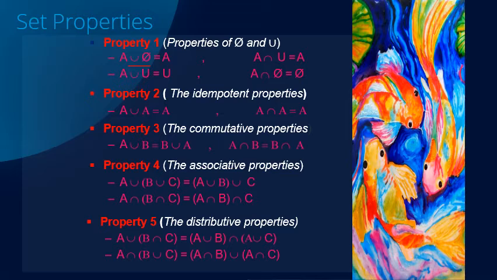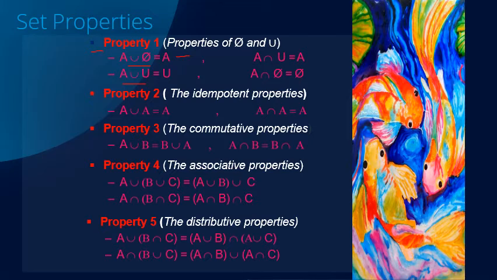So kung union sang set mo kag nothing, it is equivalent to your set lang gihapon. So union sang A. So take note nga kung union, kung ano ang mas dako sa diri nga property number 1, amo na siya ang imong answer. So anong mas dako, A or ang imong null? So mas dako ang A, so your answer is A.